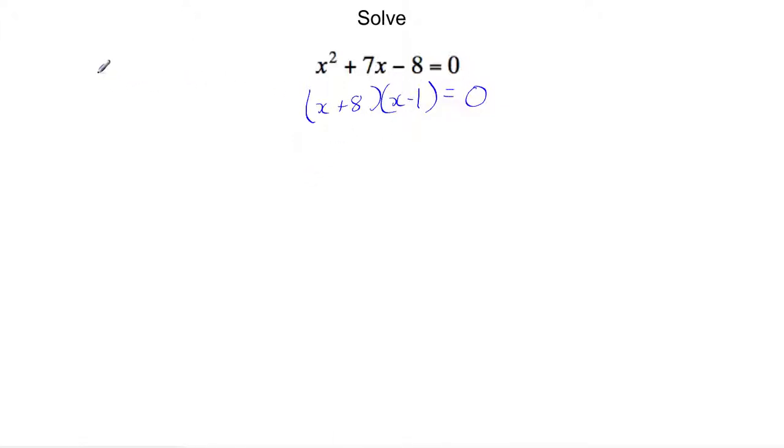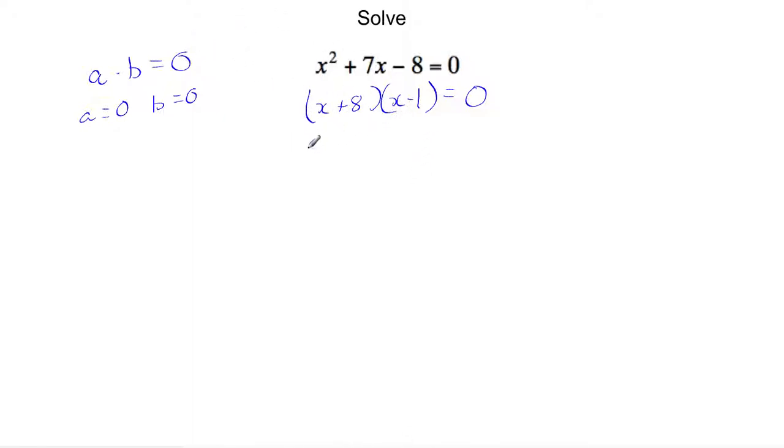Now, if I have two numbers, a and b, and I multiply them together and I get 0, I know that one of them must be 0, because if I multiply any amount of things together and I get 0 as the product, then one of them must be 0. So I say that a is 0 or b is 0.